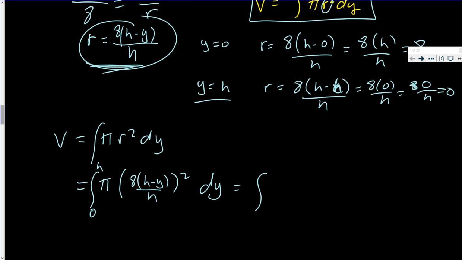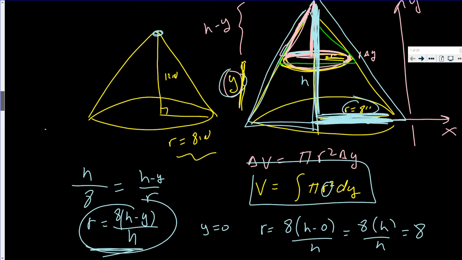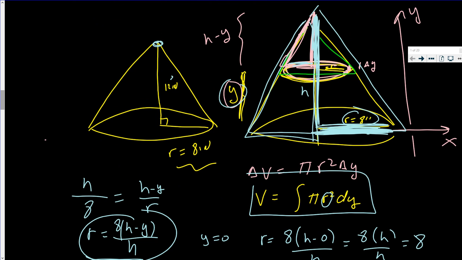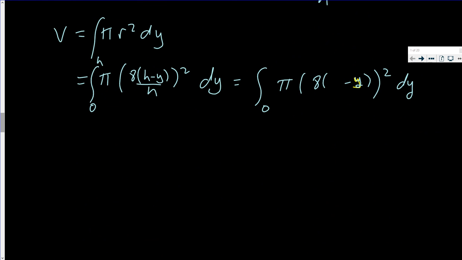Let me plug in what h is. It's the integral from 0 to h of pi times 8 times h minus y over h, all squared, dy. And h, I said, was 12 inches.